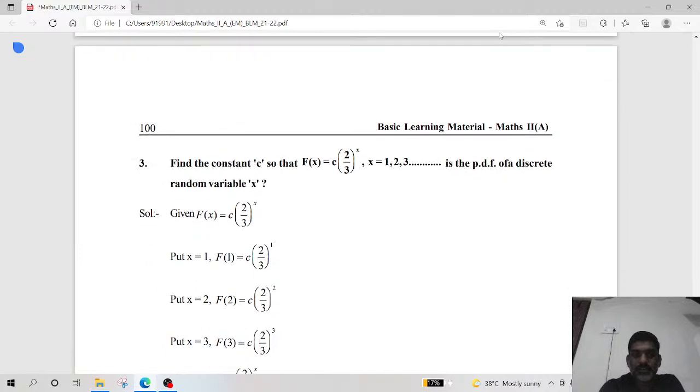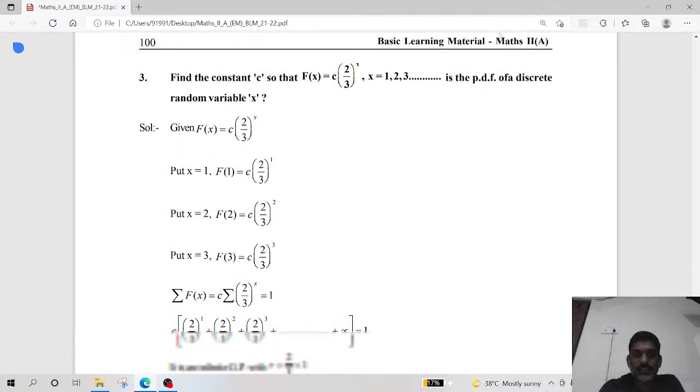Next, question number 3. Find the constant c so that f of x is equal to c times (2 by 3) to the power x, where x is equal to 1, 2, 3 and so on, is the PDF of a discrete random variable x. If we substitute x equal to 1, we can get f of 1, f of 2, f of 3 and so on.